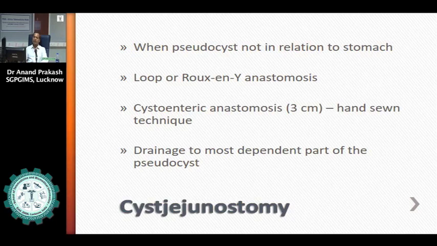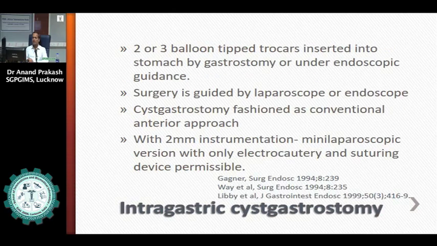When the endoscope has been passed into the stomach during surgery, the stomach is inflated by gas, and because of the light of the endoscope, you can see the stomach wall through the intra-abdominal wall, especially in thin patients. By direct vision and seeing the pressure over the abdominal wall, which can be viewed by the endoscope, one can pinpoint where the trocars can be inserted, and usually 2 to 3 balloon-tipped trocars are put into the stomach by gastrostomy or under endoscopic guidance.